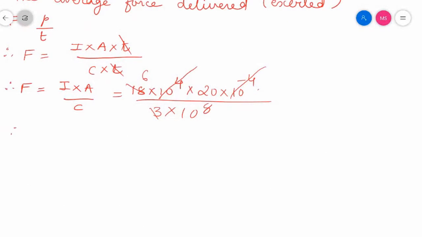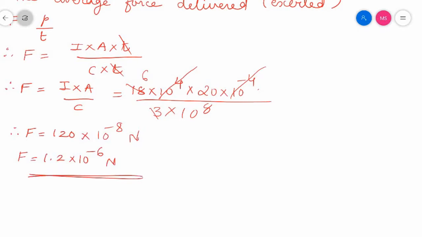So therefore F will be equal to 6 into 20 is 120 into 10 raised to 8 will move up, so 10 raised to minus 8 Newton, or you can say that F is equal to 1.2 into 10 to the power minus 6 Newton.